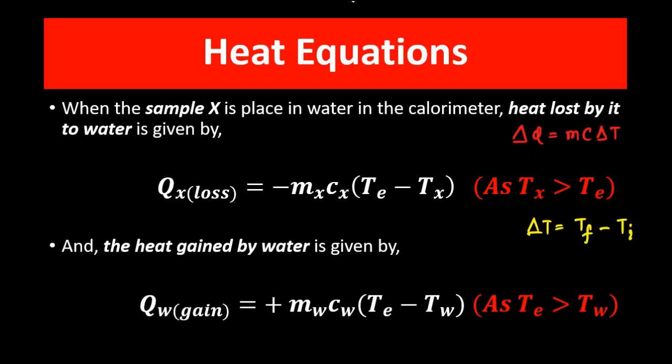Now the initial temperature of the heated mass was Tx, and the final temperature of the sample X is the equilibrium temperature. So this is Tf minus Ti, with a minus sign to signify heat loss. Then the heat is lost by the sample.